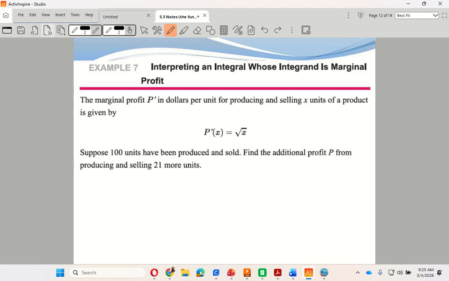What would my integrand look like now? Think about my integral. What is my integral looking for?